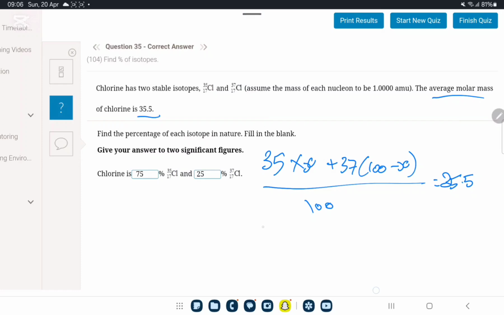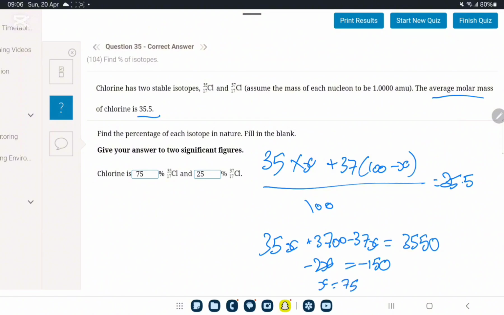So now you do the mass. 35x plus 3700 minus 37x equals 3550, and then it is minus 2x equals minus 150. x is 75, so for the 35 it's x, so 75%, and then for this 37 it's 100 minus x, so 100 minus 75 equals 25.